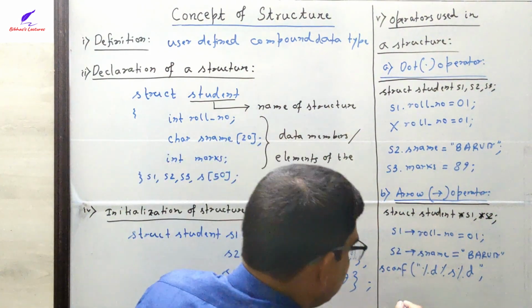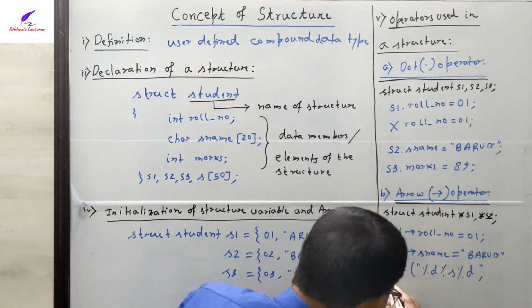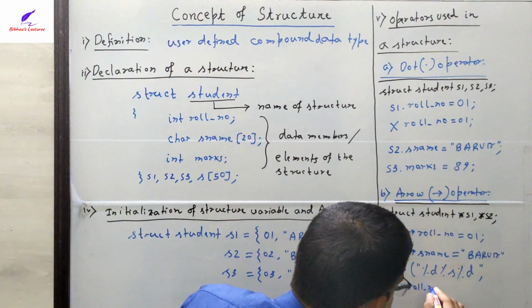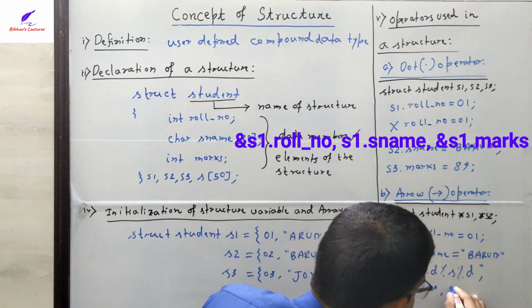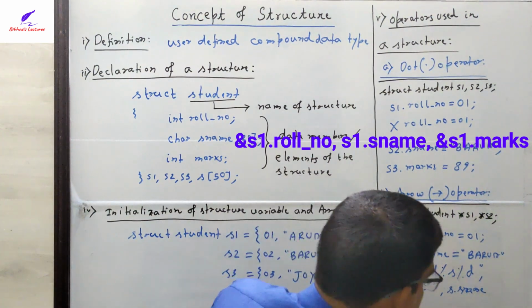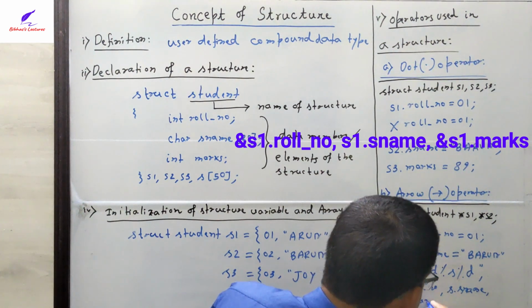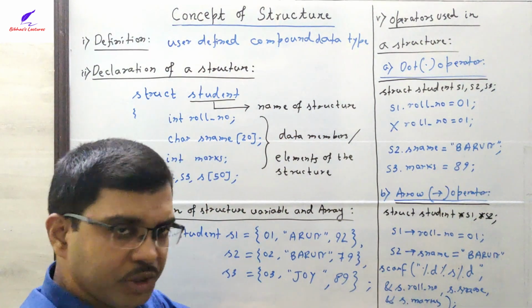Suppose you want to assign the value, what you have to write? Ampersand s dot roll_number, then s dot s name, and then ampersand of s dot marks.